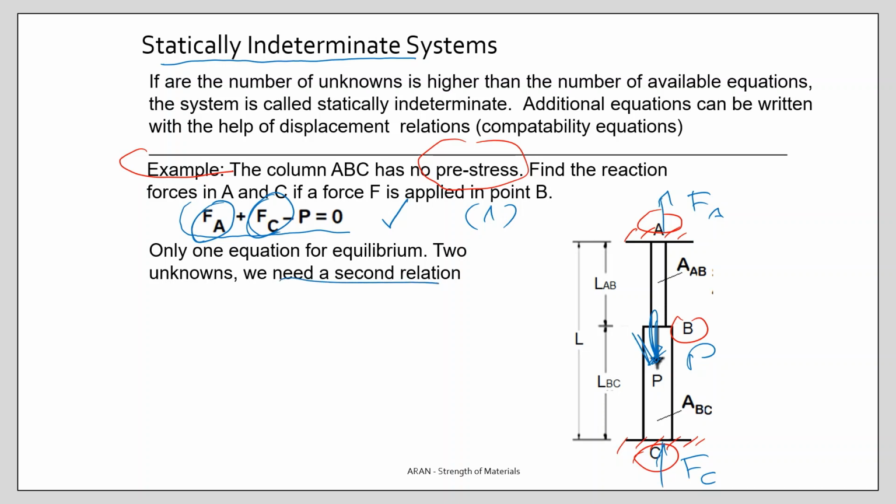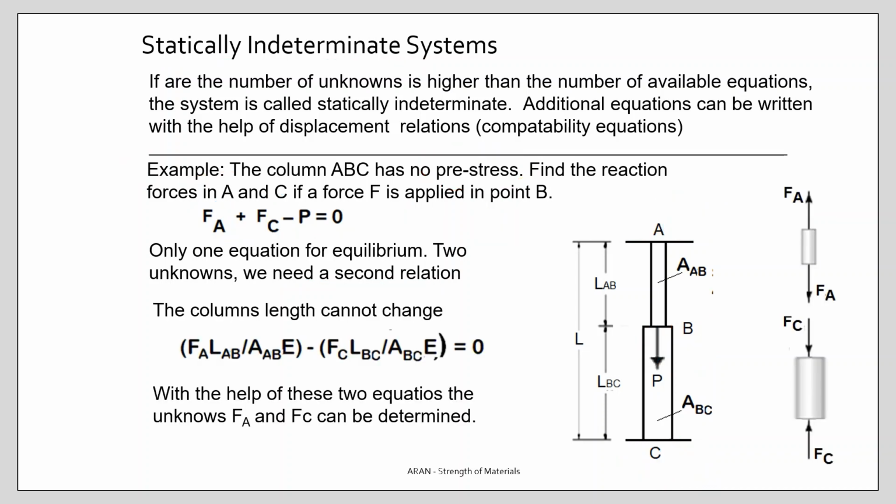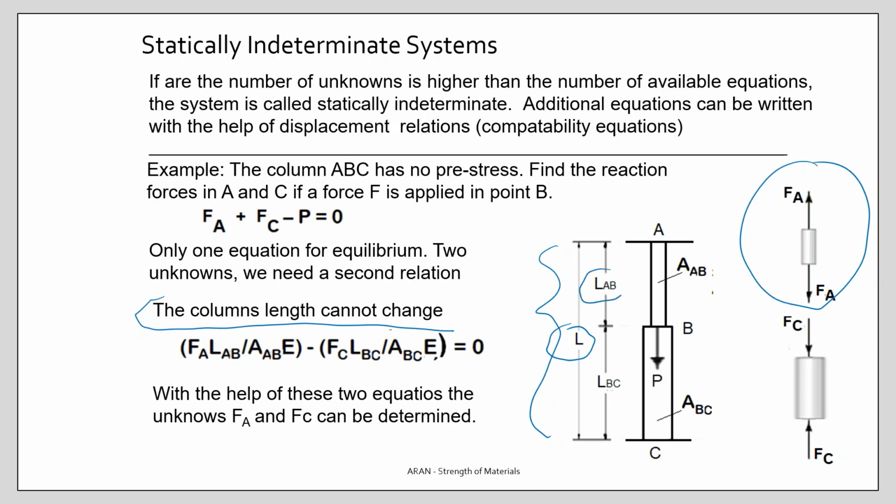How is this relation? I can tell that the column length cannot change. So this is fixed, L is constant, whereas due to the tension, AB will increase, and due to the compression, BC will decrease. So delta AB, the lengthening, and delta BC, the shortening, their total should be 0.